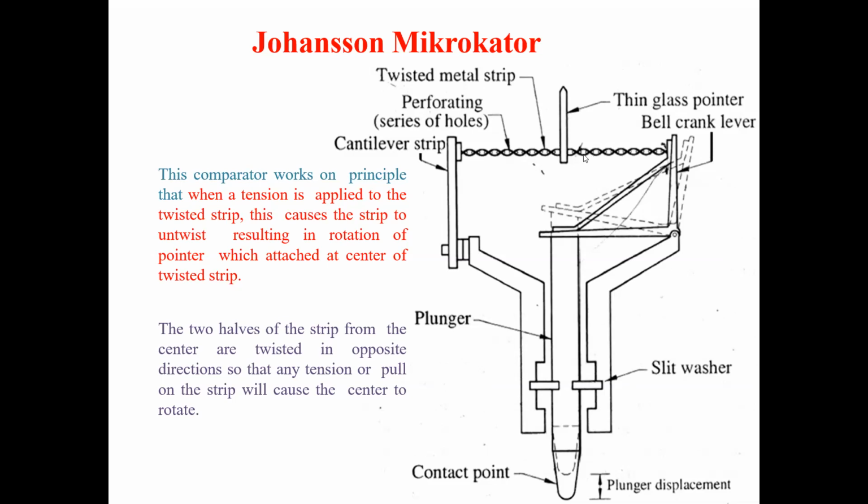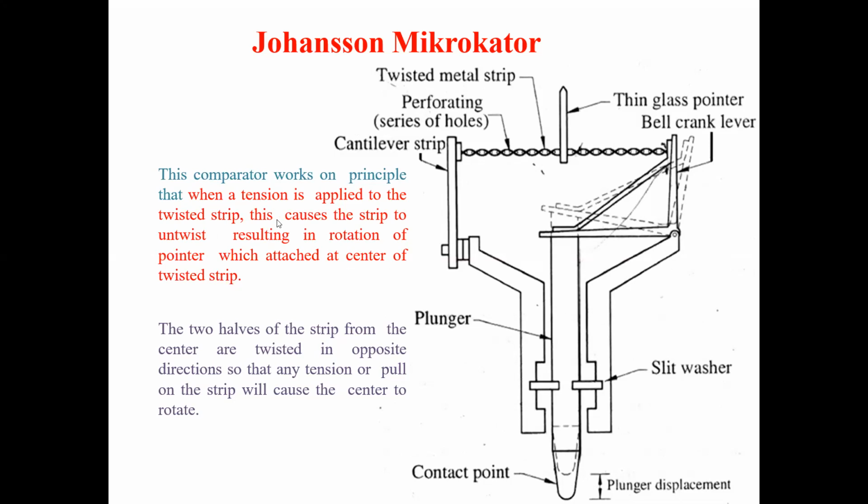When the strip is subjected to tension because of the movement of the bell crank lever, the metal strip rotates. Along with it, the thin glass pointer also rotates on the dial to indicate the variation in the work part.